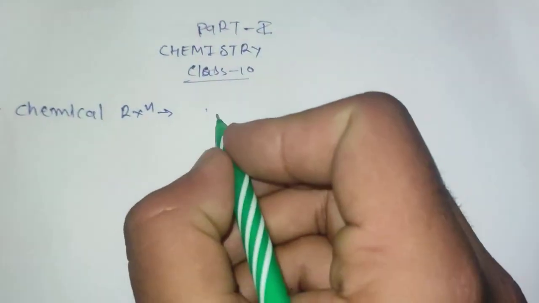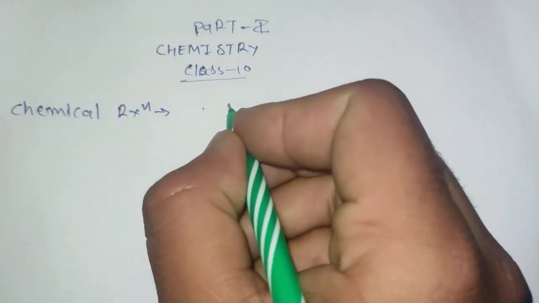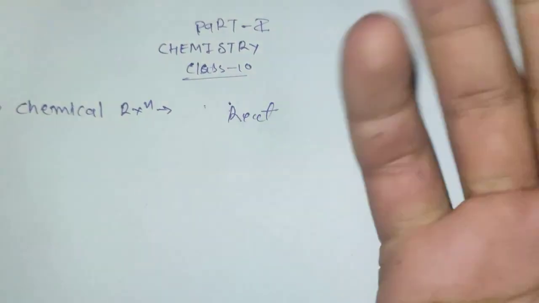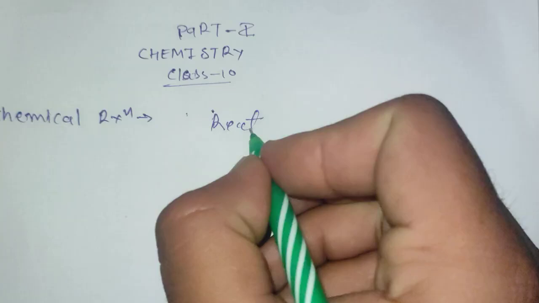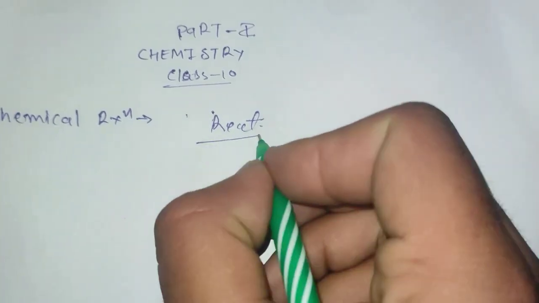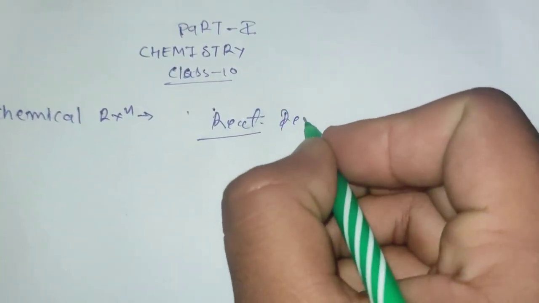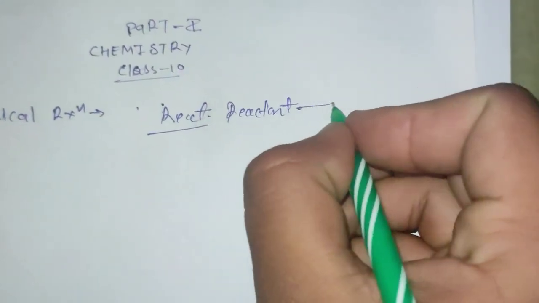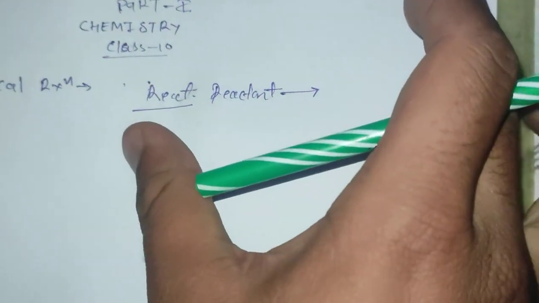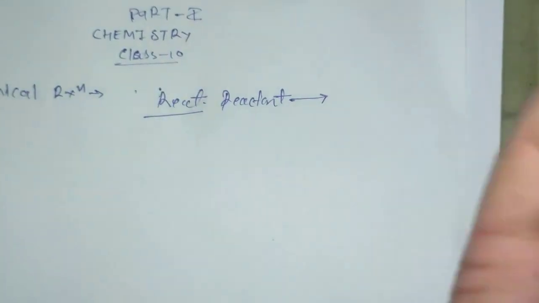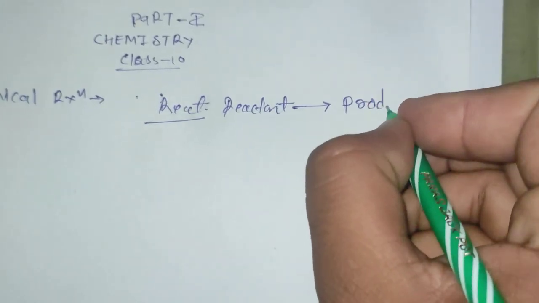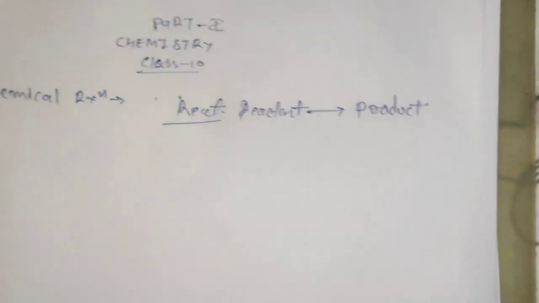When a substance reacts, it is called a reactant. When the reactant reacts, it converts into a product.